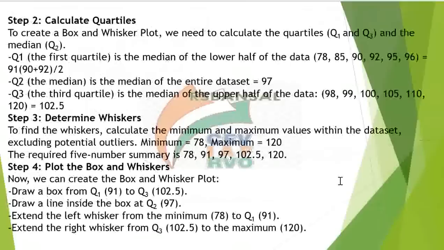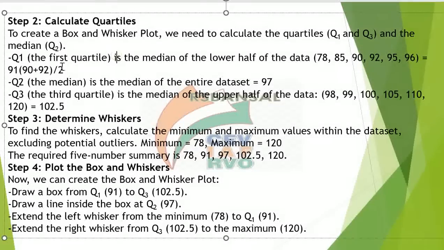So you have to find five values. First, the median of the lower quartile or first quartile, which is 91. Then the median of the whole data set, which is 97. Then the median of the third quartile or upper half, that is 102.5.